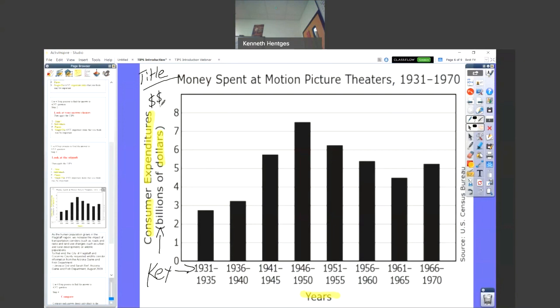But look at the title. Money spent at motion picture theaters. So people, this is the amount of money people spent at theaters. That's simple. That's the key to STAAR. Simpler is better.